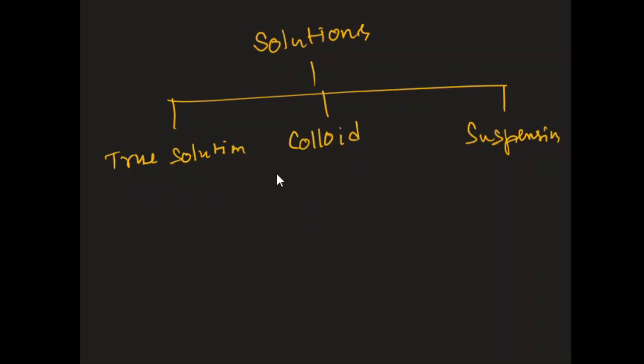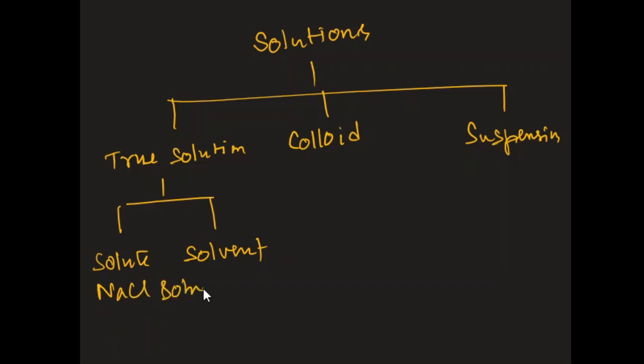Among these three types of solution, true solution, where we already know it consists of two parts, solute and solvent. We can consider sodium chloride solution. So once sodium chloride, the solute, is dissolved in a substantial amount of solvent, you cannot see it.